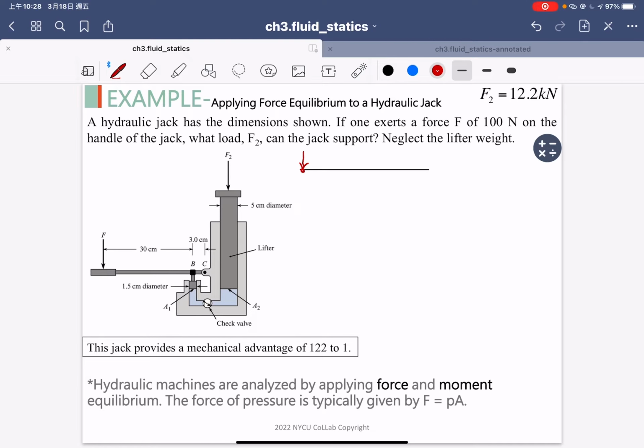The exercise tells you F1 is 100 newtons, so here I write down the number, 100 newton push here, and there is the point C here. As you can see, there is point C here, so we can measure the length.